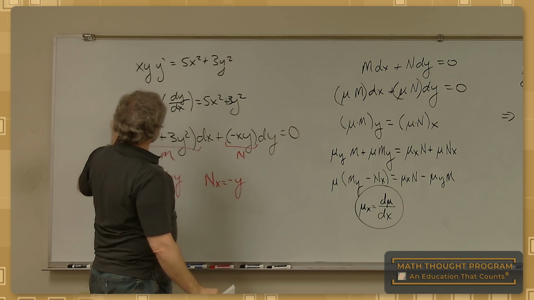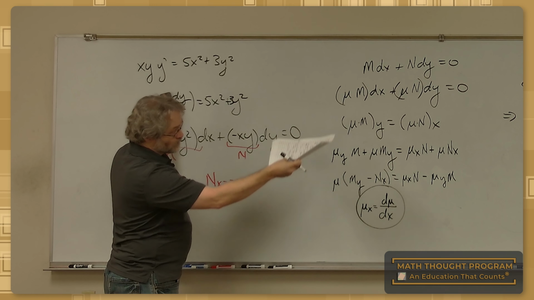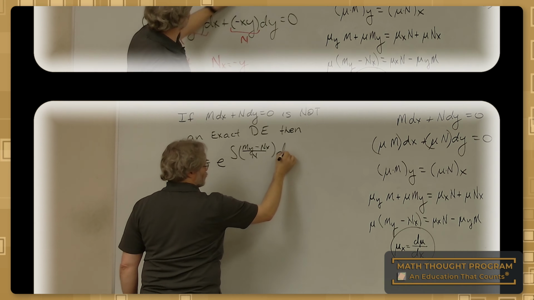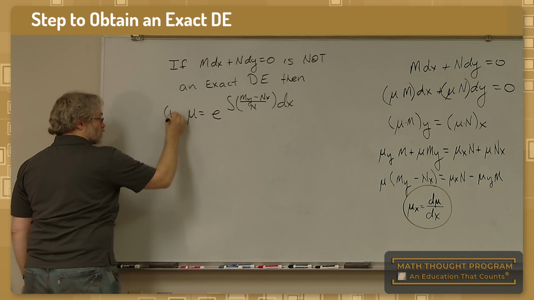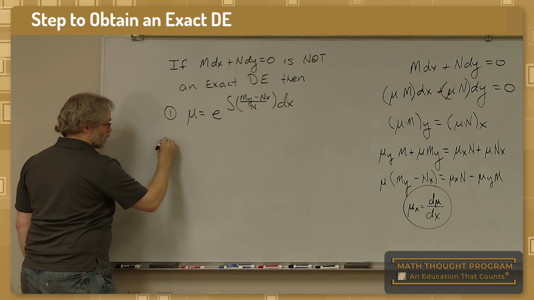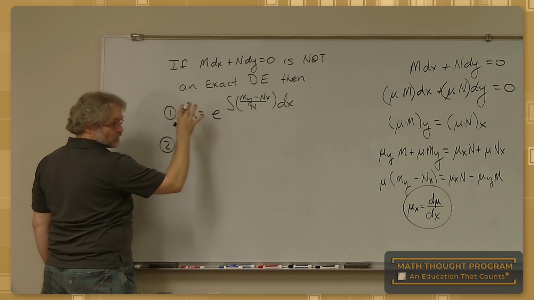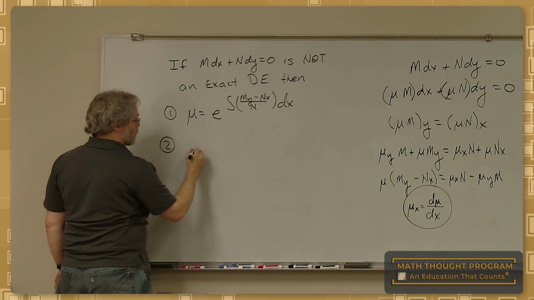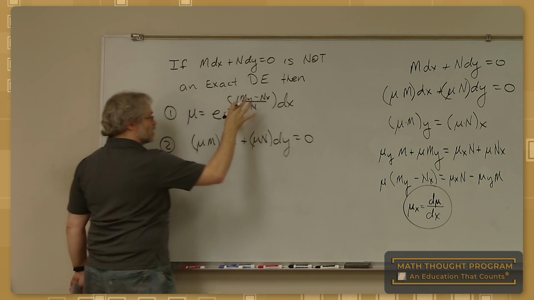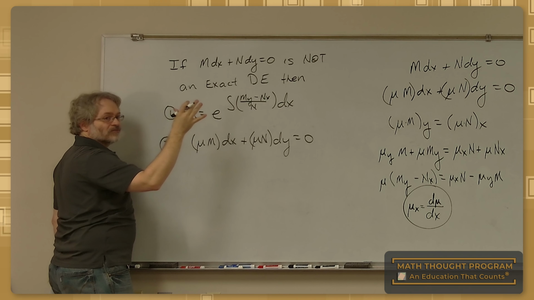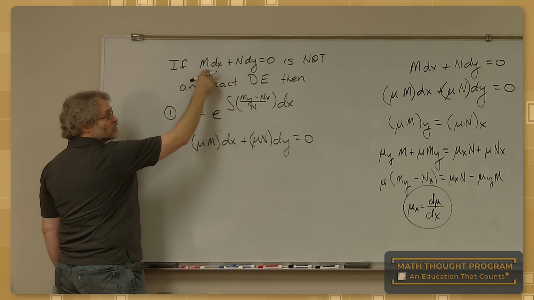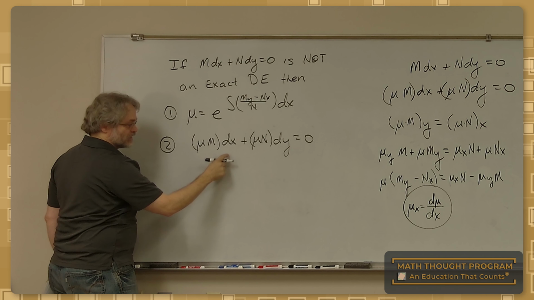So what do we do when it's not exact? We can use this factor. First compute this. Second, take this and multiply through. And this is the just right factor to convert from non-exact into exact.